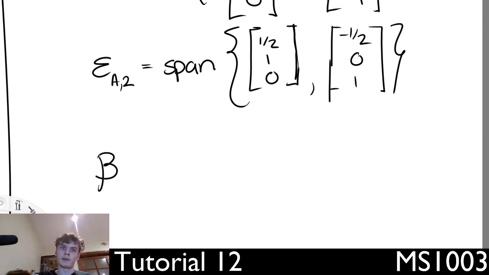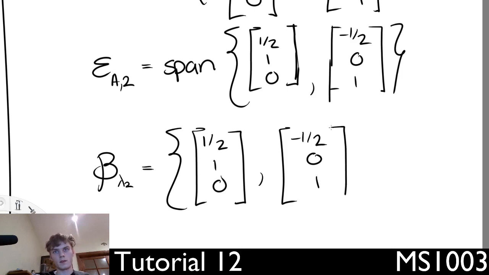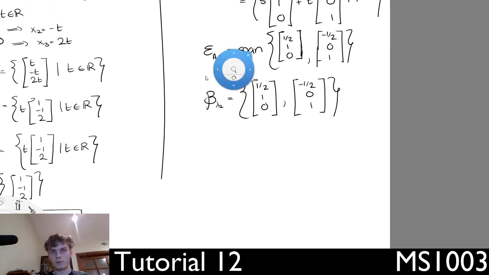Getting it right this time. The eigenbasis for lambda 2 is going to be these 2 vectors. Okay, so that's the question done.